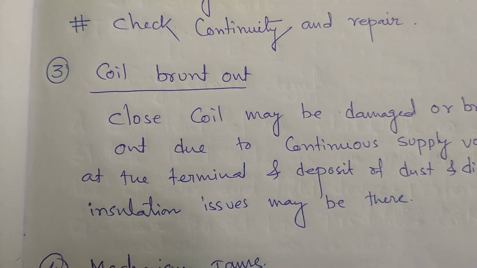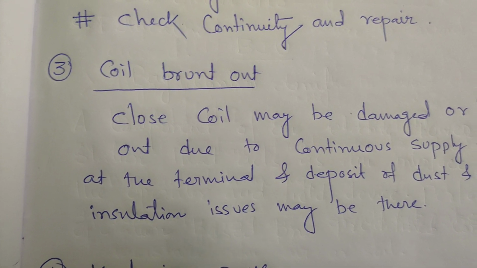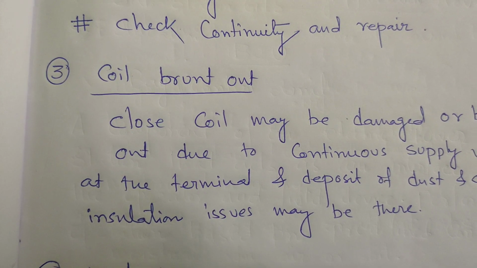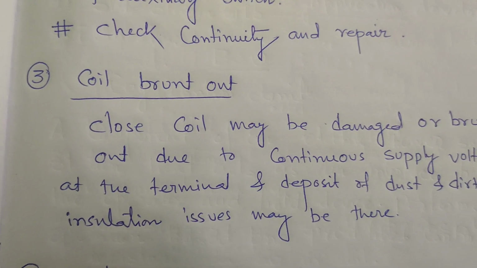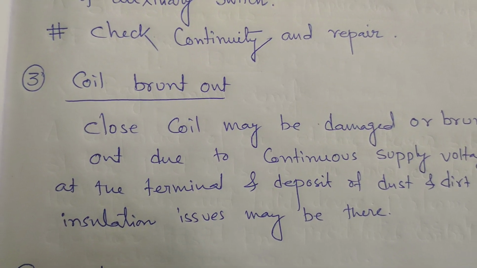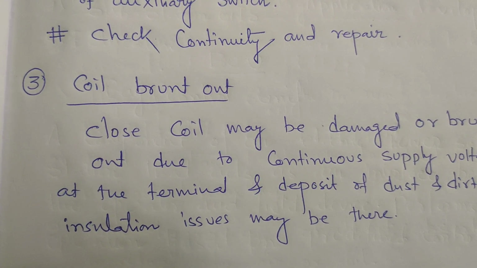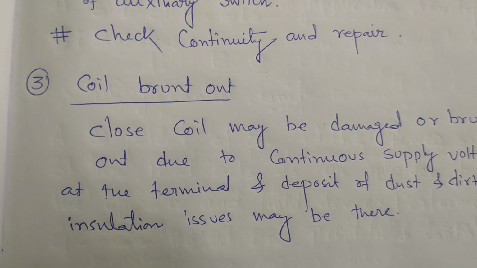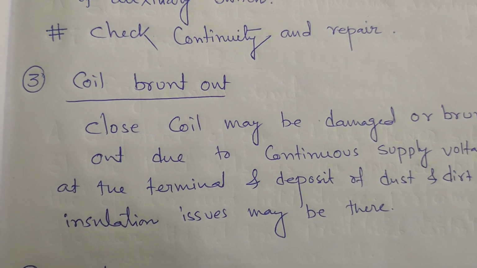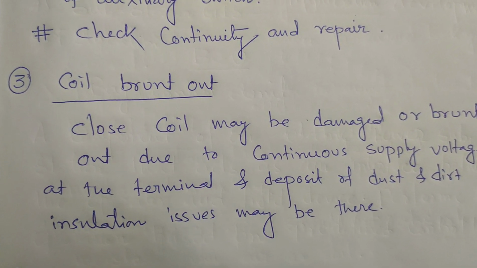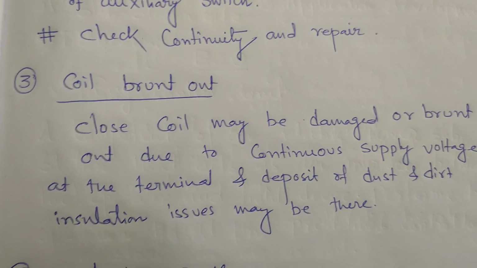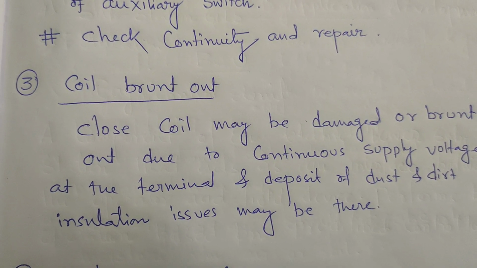Then the direct 220 volt DC, or it may be 110 volt DC, can reach the close coil or trip coil directly, and that can be harmful for the coil. So the coil may burn out, or smoke or fire hazards may occur. You have to be cautious about these types of happenings.